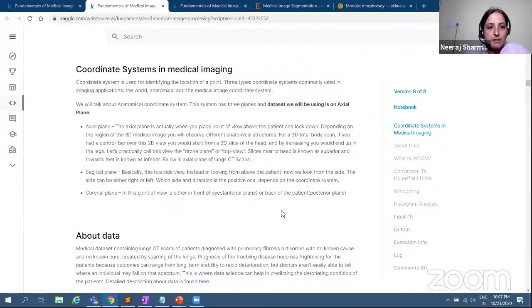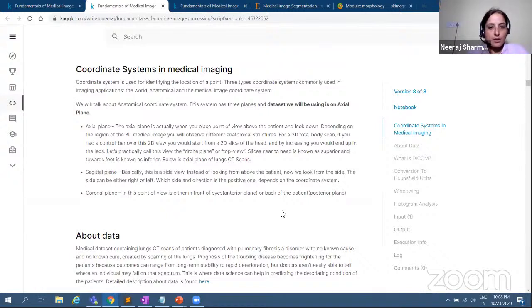Then the sagittal plane is either left to right or right to left. If the patient is lying on the shoulder or on the side, we are getting the horizontal slices.